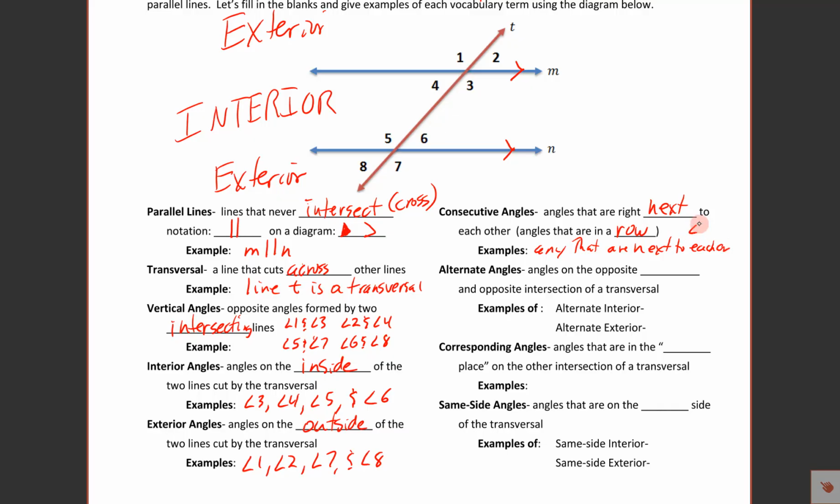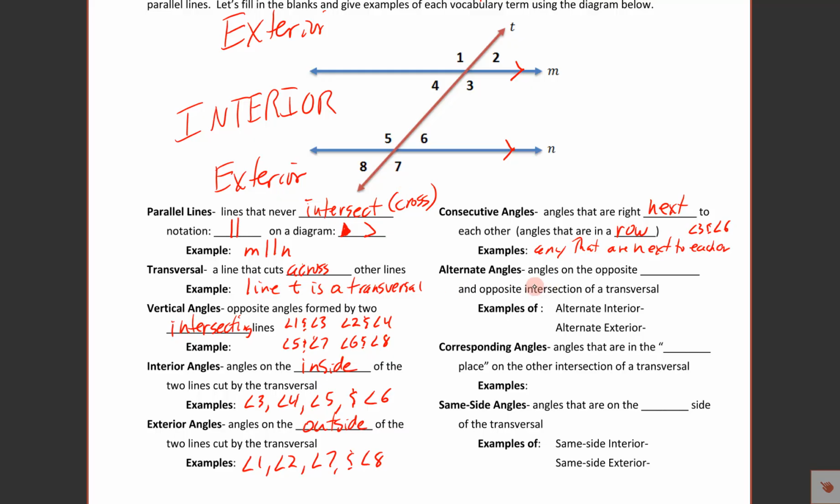So as an example, angle 3 and angle 6 would be just fine. Angle 7 and angle 8. What about angle 5 and angle 7? Are those next to each other? They kind of have to share a side right here, or they have to be right in a row. These are right next to each other. These are across a line from each other, so that's why they're not consecutive.